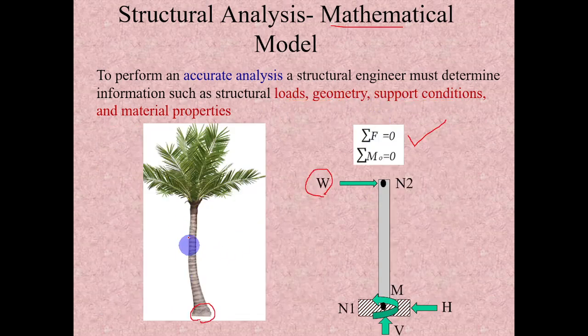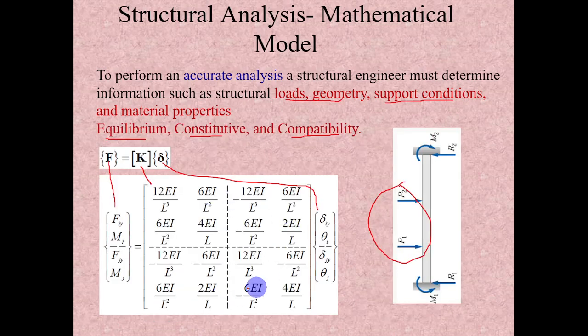For example, here this will have some cross section, some length, some material property and support condition. Based on this, we have to calculate the stiffness matrix. This is very important, the difference between our college theoretical knowledge and when we start working on real projects.